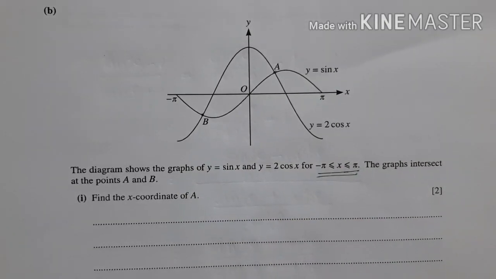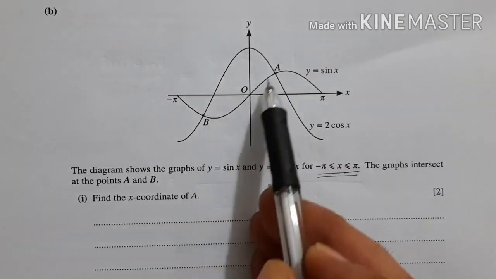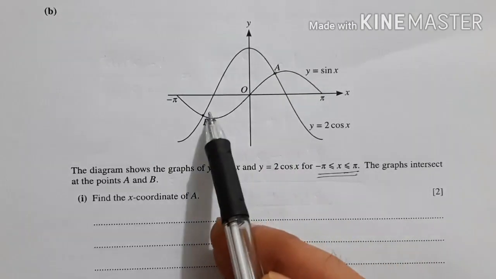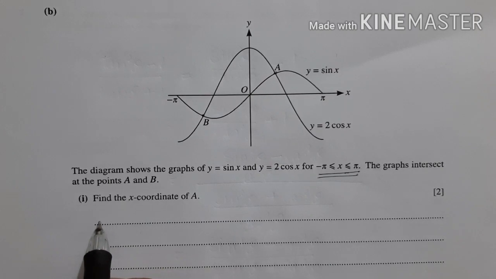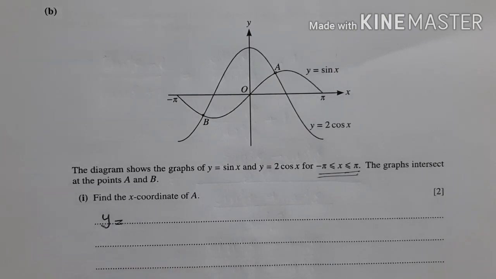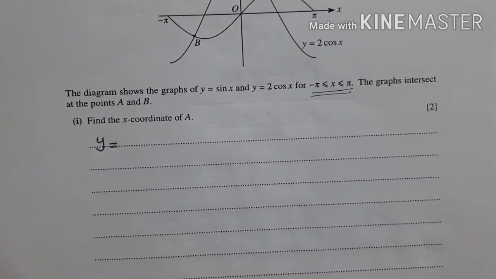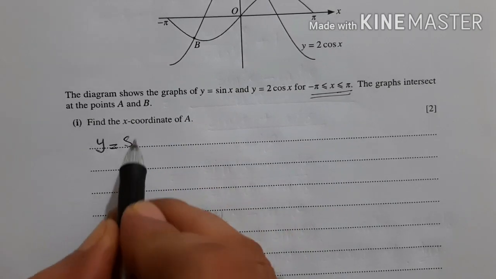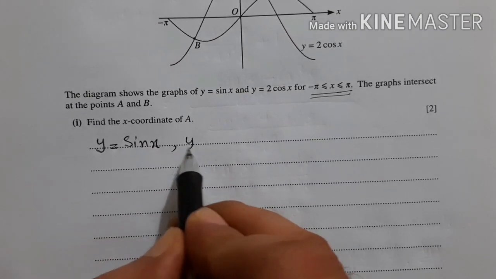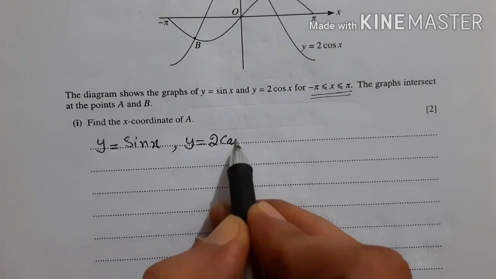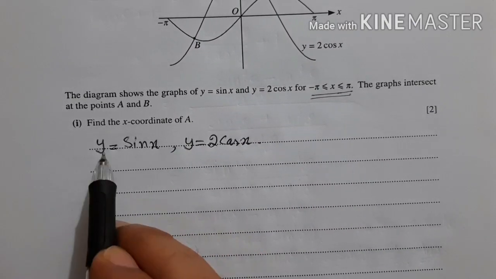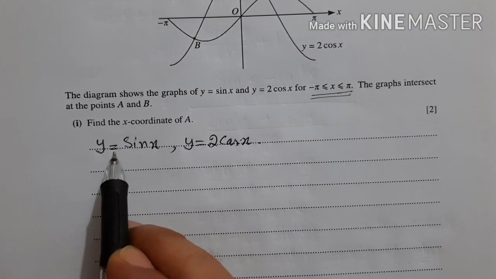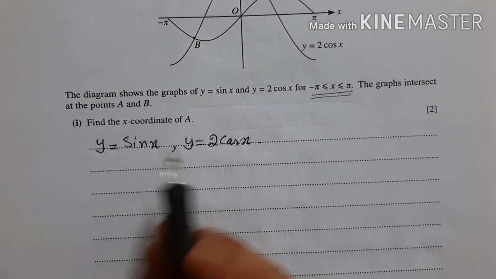So for finding these points of intersection, we need to solve these two equations. So one is y is equal to sin x, and other is y is equal to 2 cos x. So put this value of y here, instead of y, we'll write sin x.